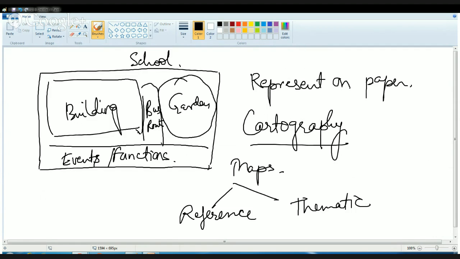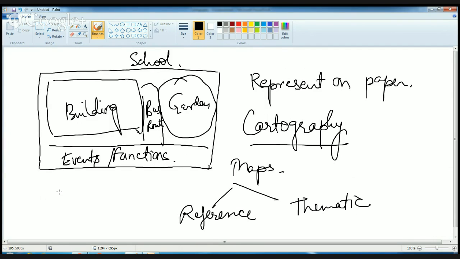A reference map is any map which shows natural surroundings or human-made objects which are important from the point of location. For example, if I am making a map of my colony, the most important part of my colony is where my colony starts. There is a church, so it's a church here. So that's the reference point or the base point.